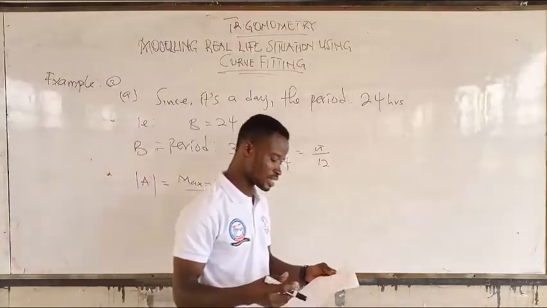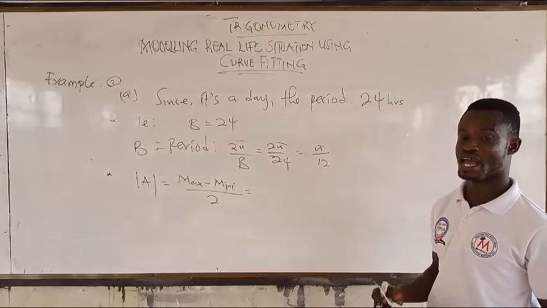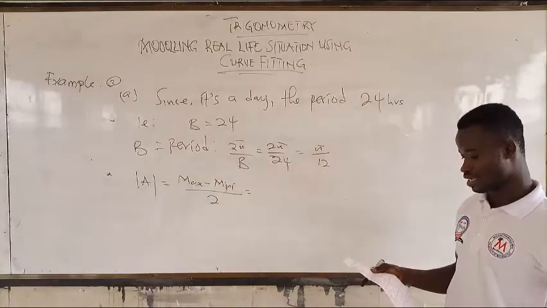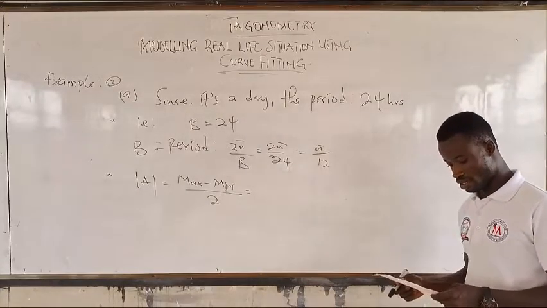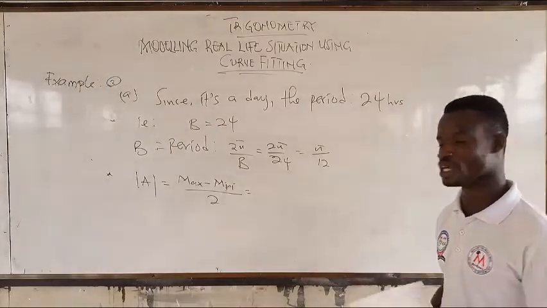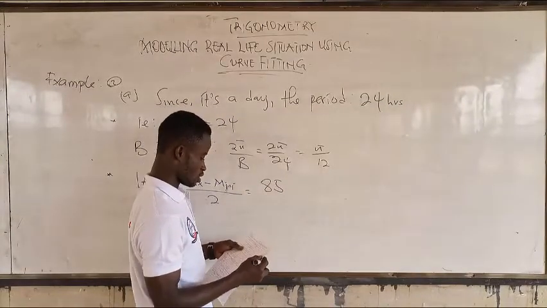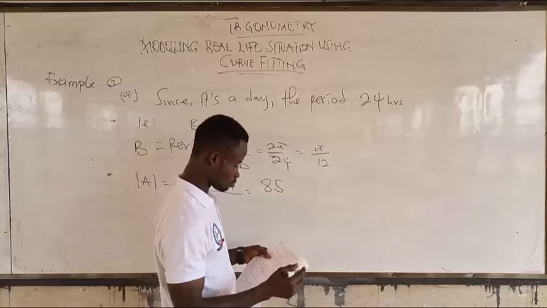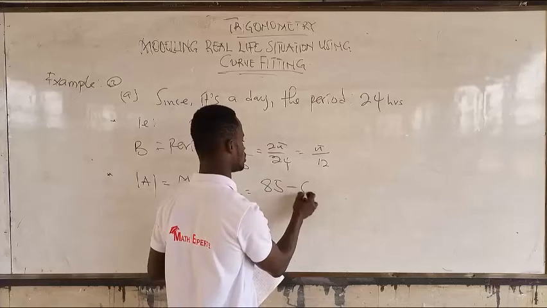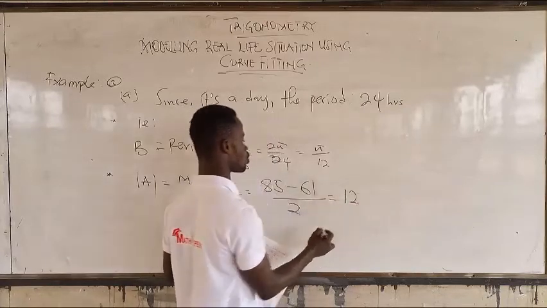And from the question we can realize that the maximum temperature recorded during the day is 85. And the minimum is 61. So 85 minus 61 over 2. So the amplitude is going to be 12.